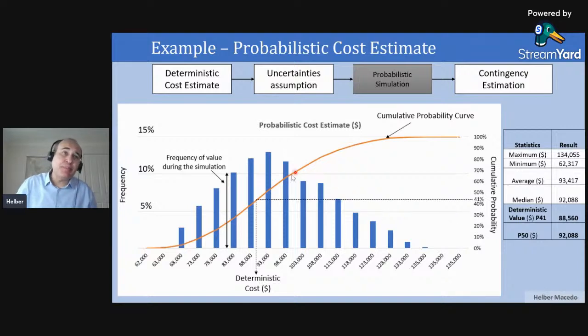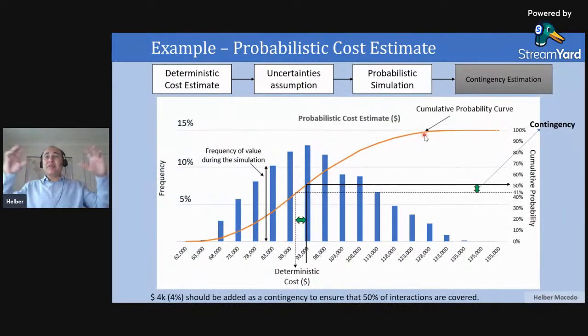What will be the point in my cumulative probability curve that I want to protect my project? Here is the moment that I will estimate my contingency. The leadership will say, I want to protect my project to ensure that in 50% of the scenarios I have enough money to execute my project.